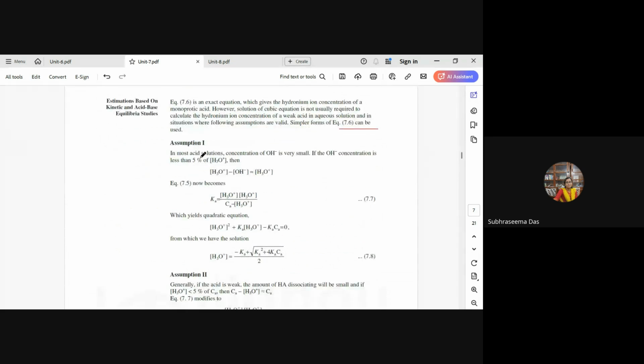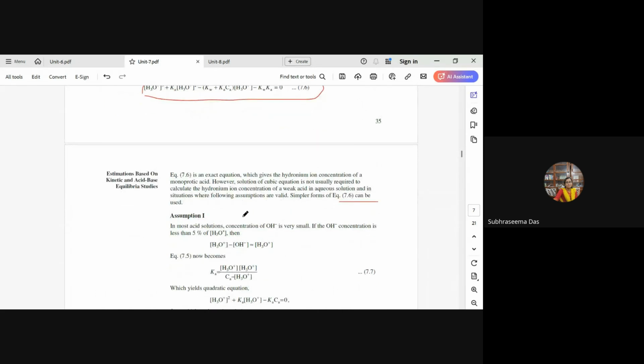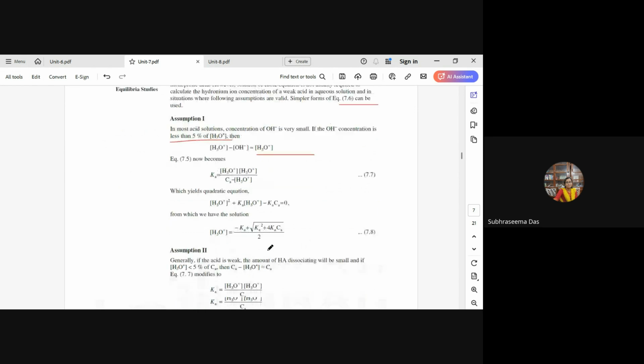To simplify equation 7.6, we make a first assumption. When the concentration of OH minus is very small, that is, less than 5% of H3O plus, then H3O plus minus OH minus becomes almost equal to H3O plus, and equation 7.6 changes to this.